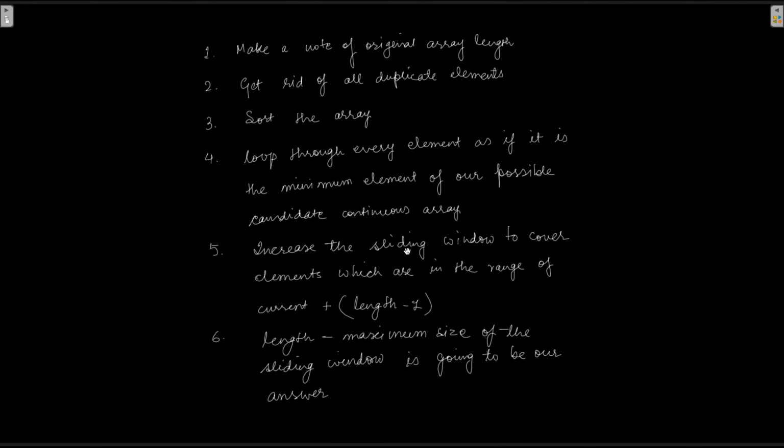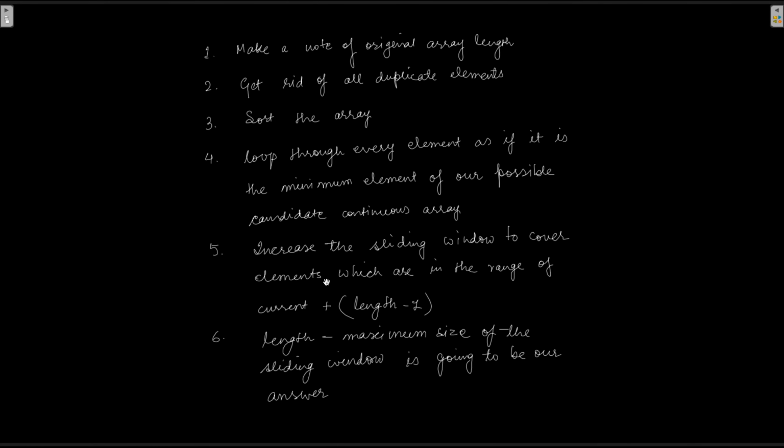So increase the sliding window to cover elements which are in the range of current element's value plus length minus 1. According to the definition of a continuous array, every continuous array would include a minimum value, and the maximum value would be current plus length minus 1. So we increase this as long as we do not reach this place, and one more after that.